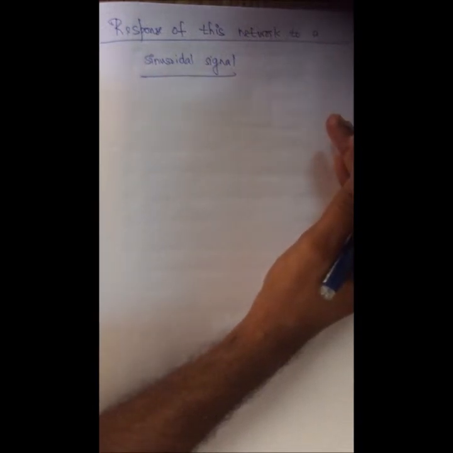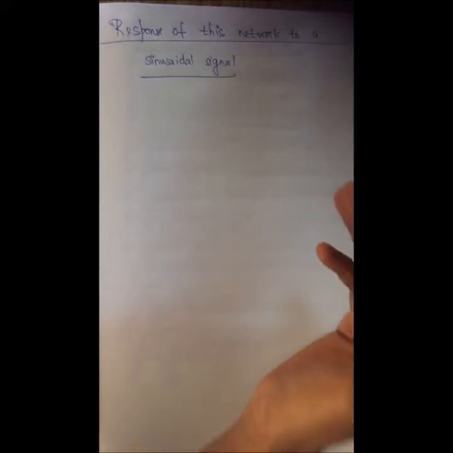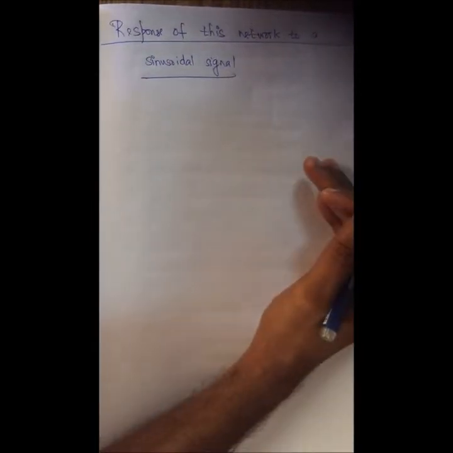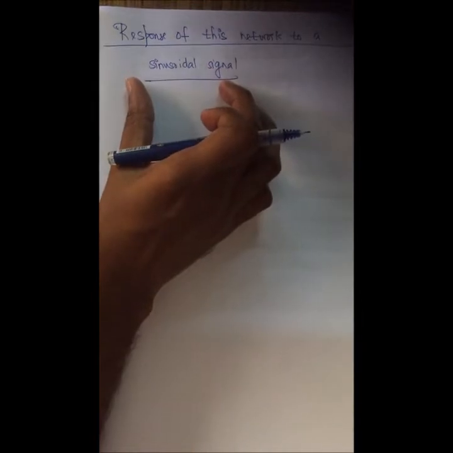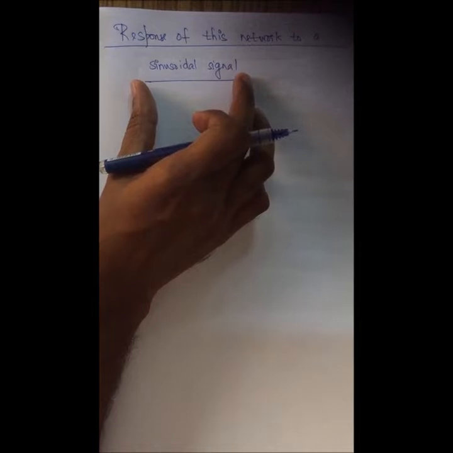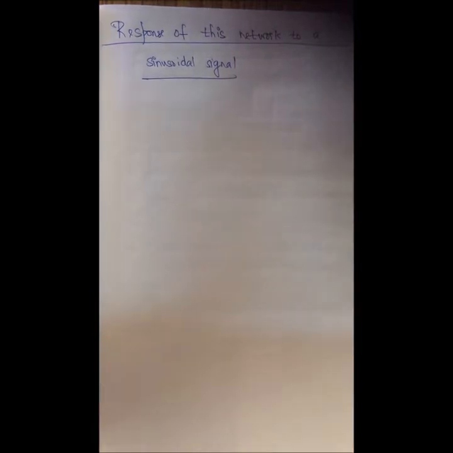Its shape is not going to be altered. You are not going to get a square or a spike or anything. But for understanding the behavior in a very deep and detailed way, it is good to apply a sinusoidal input and study. So that is why we are choosing a sinusoidal signal as the first input. Then we will go for a step and see how it behaves. Then we'll give a square to the circuit and check how it behaves and so on.